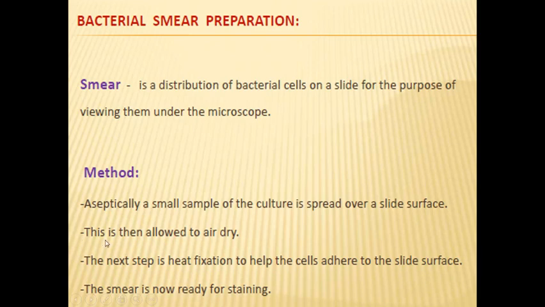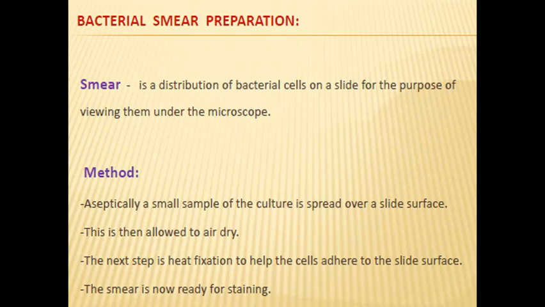After that, the sample is allowed to air dry, and then the next step is heat fixation. To help the cells adhere to the slide surface, you should keep your slide above the flame, and this process is known as heat fixation.